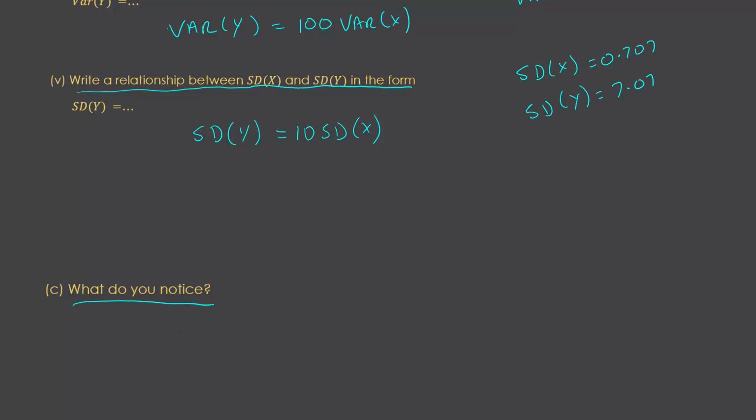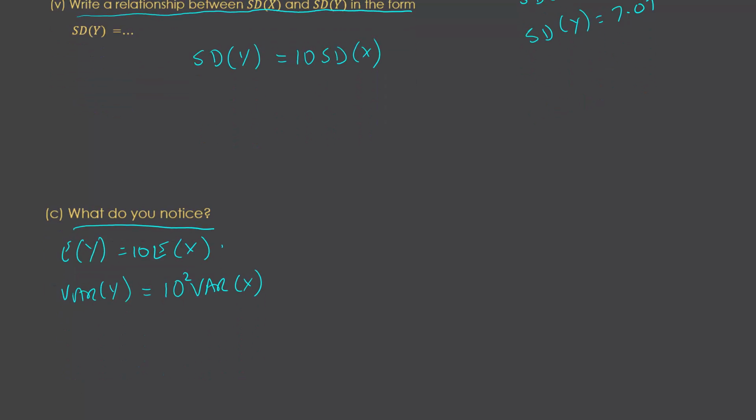So what do we notice? Well, we noticed that the expectation of y was 10 times the expectation of x. The variance of y is 100 times, or 10 squared times, the variance of x. And the standard deviation of y was 10 times the standard deviation of x.